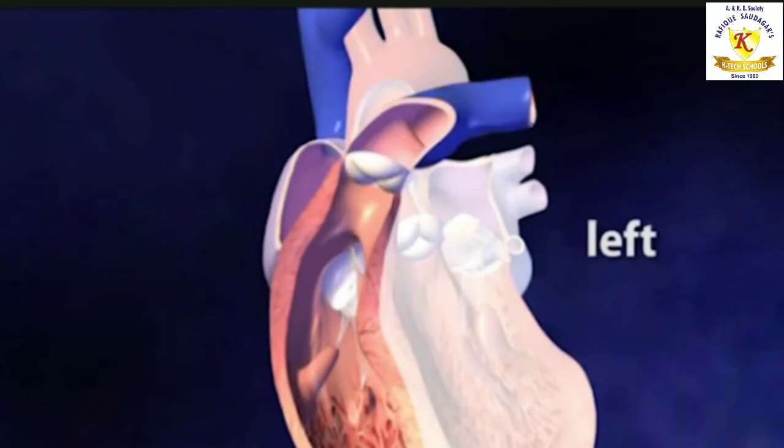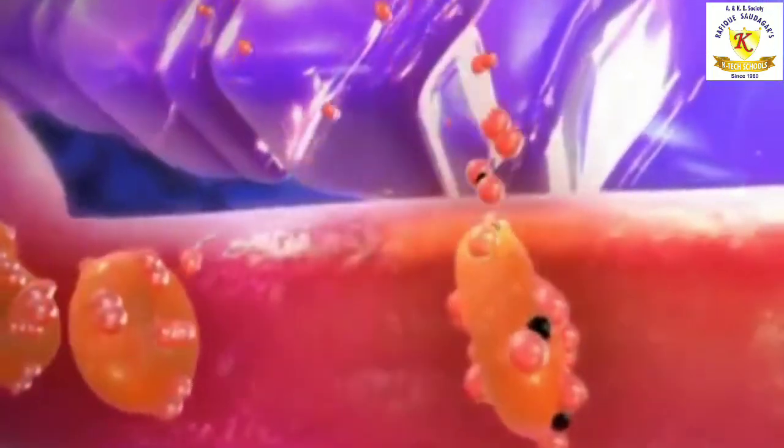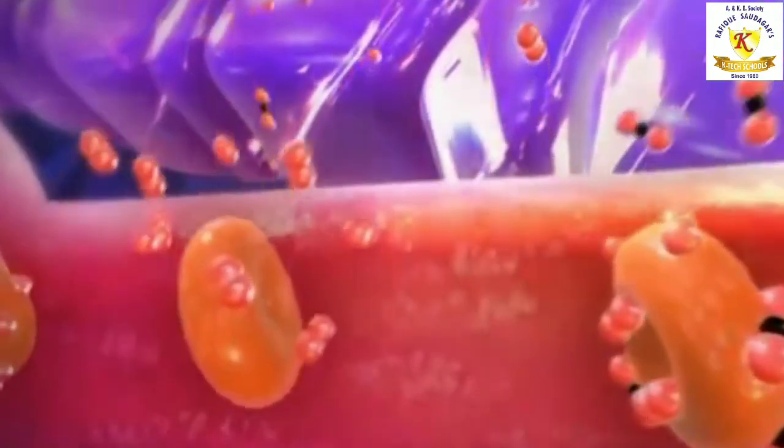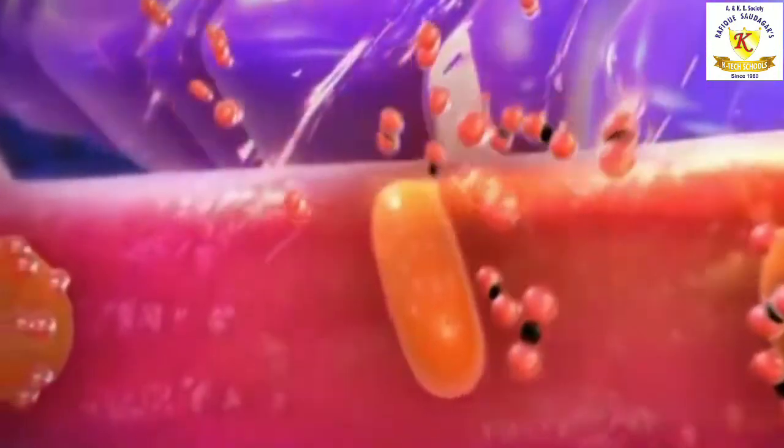Okay, children, please remember this. The main purpose or importance of blood circulation is to provide oxygen and nutrients to the body tissues.